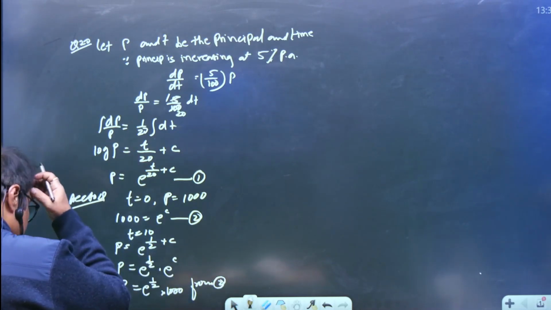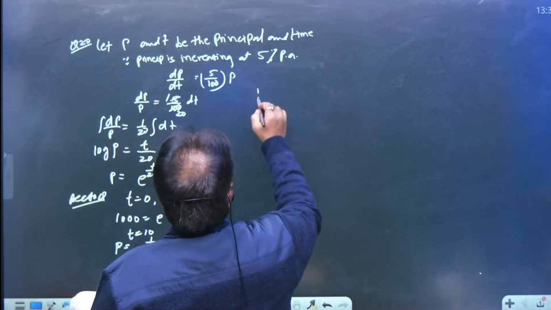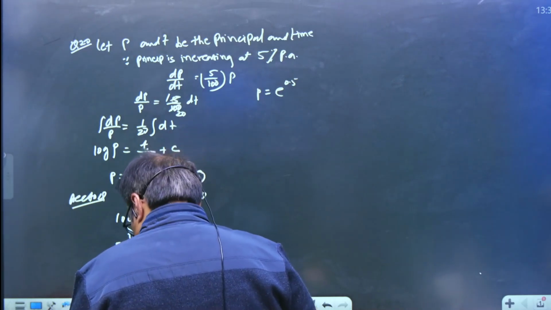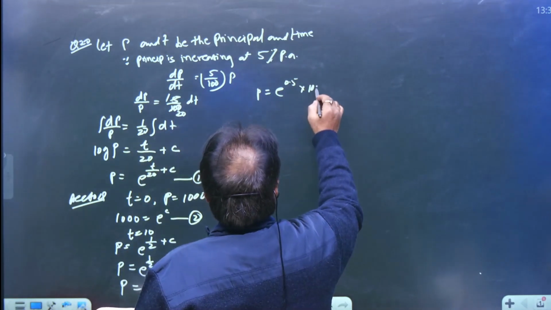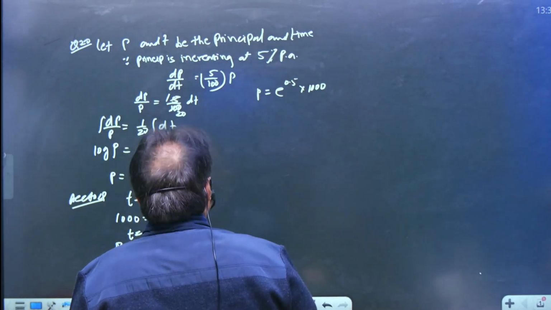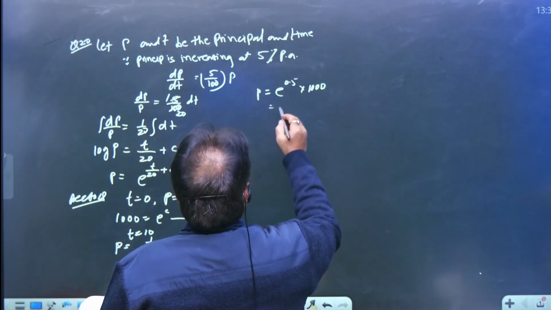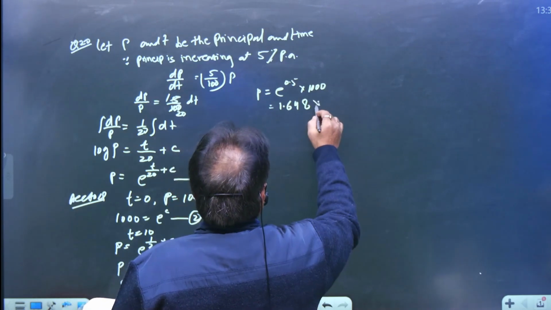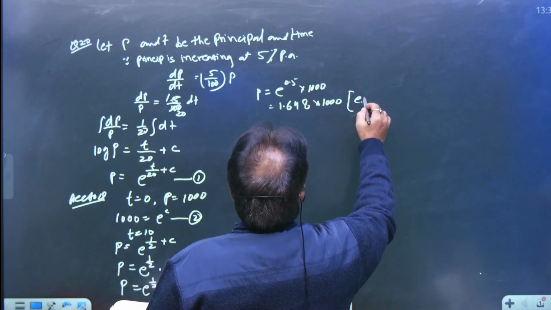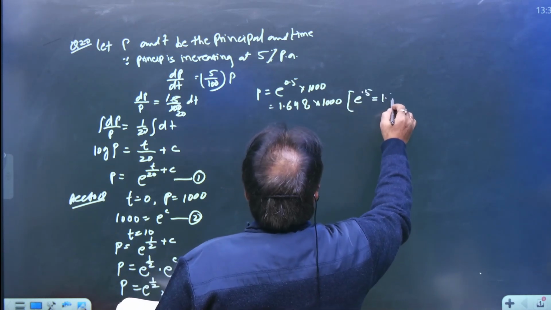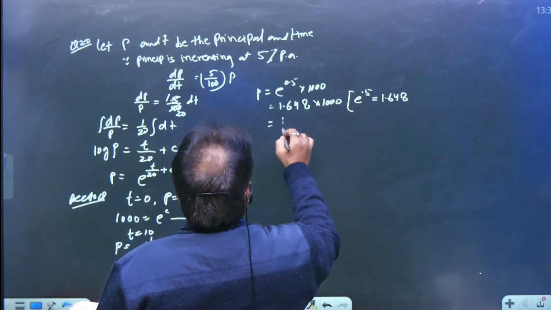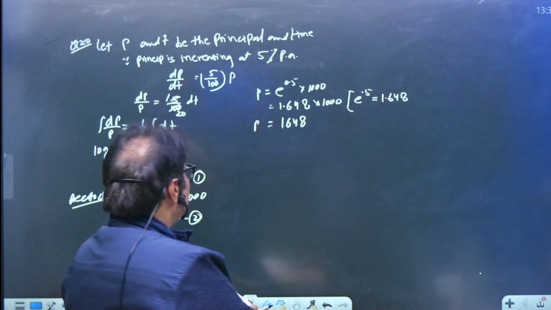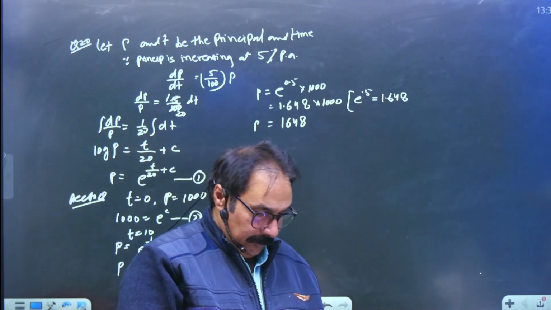So principal is equal to e to the power 0.5 into 1000, and e to the power 0.5 is given as 1.648, so it will be 1648. This is the value of P, right?